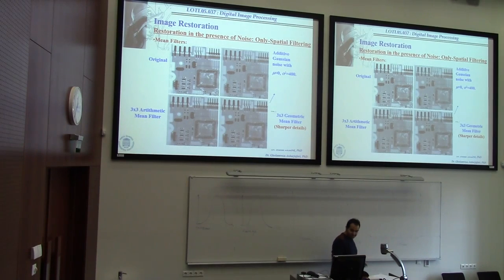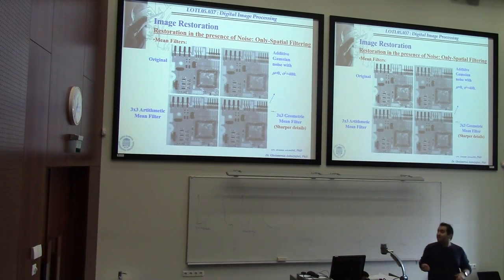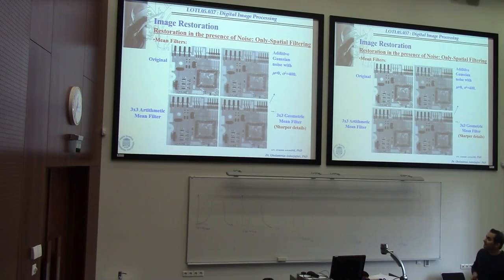But here we can see an example of this. Consider this as an original image. We added Gaussian noise to the image with a mean of 0 and variance of 400. Then we apply a 3x3 arithmetic mean filter on the image and a 3x3 geometric mean filter.